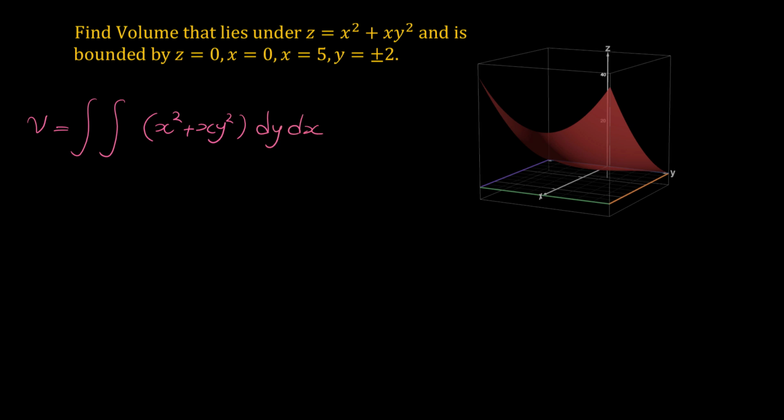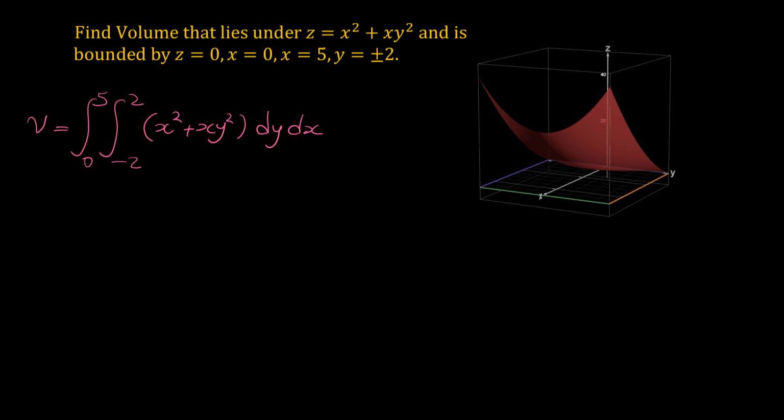If you want, you can write dx dy. Really, the order of integration in this example doesn't matter, because the integration of this simple function is not hard at all. As you can see, x is from 0 to 5 and y is between -2 and 2.